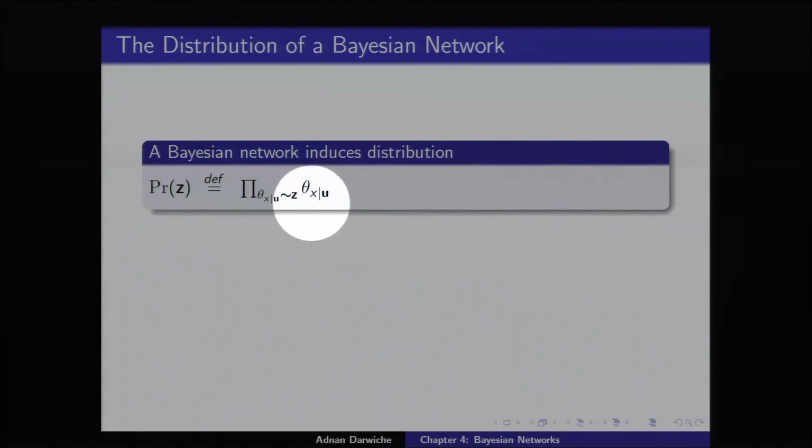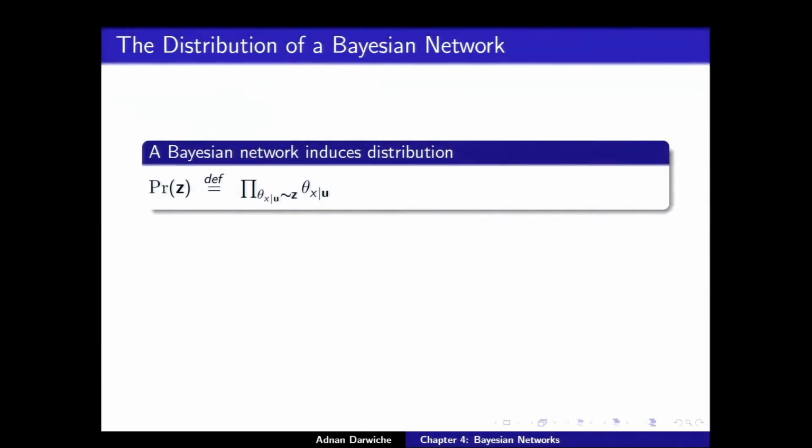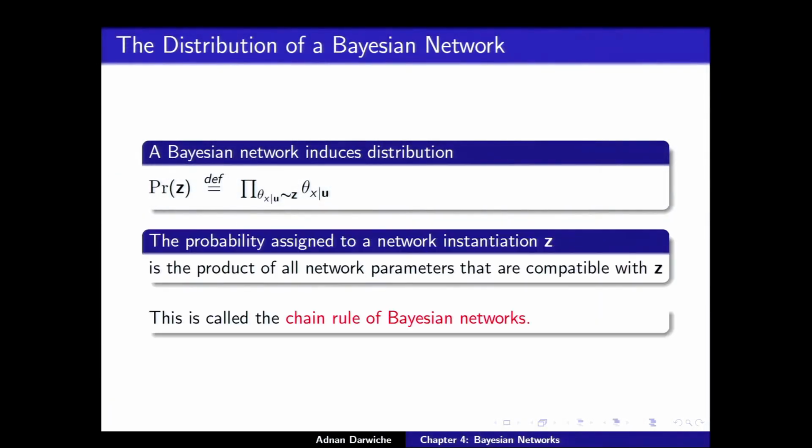And what this guy is saying is pretty simple. If you give me a network instantiation, you fix the value of every variable, and you want to know what the probability of that is, collect all network parameters that are compatible with that instantiation and take their product. That's basically it, right? And this, by the way, is known as the chain rule for Bayesian networks.